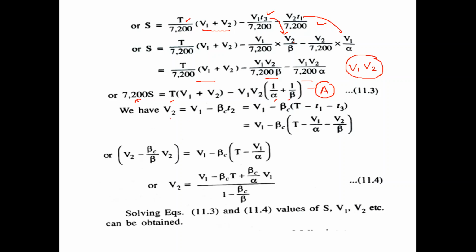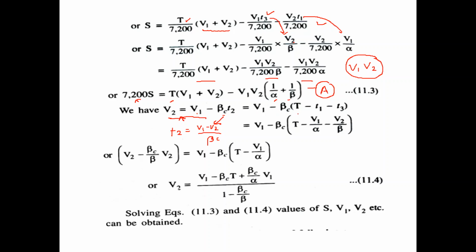Now this is another equation that is developed to have a relation between V1 and V2. Here V2 is V1 minus, this is from our equation of beta C. T2, we have seen, is V1 minus V2 divided by beta C. So V2 is found from this equation: V2 is equal to V1 minus beta C into T2.